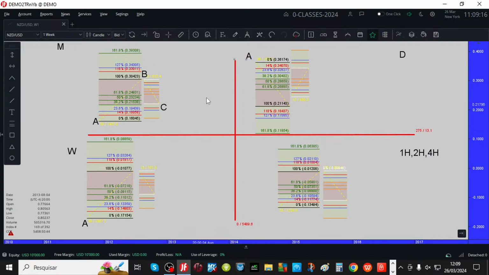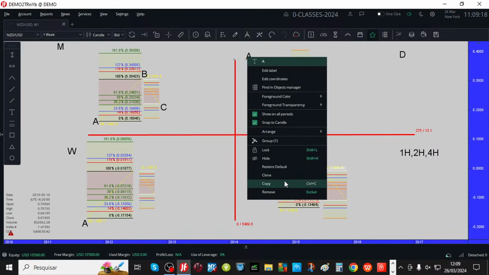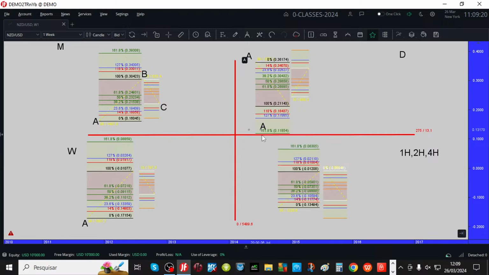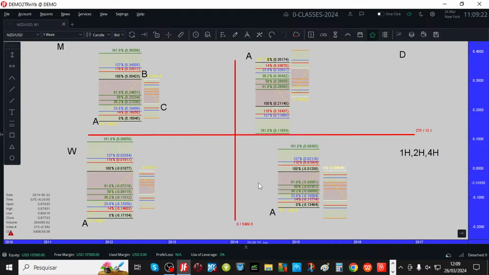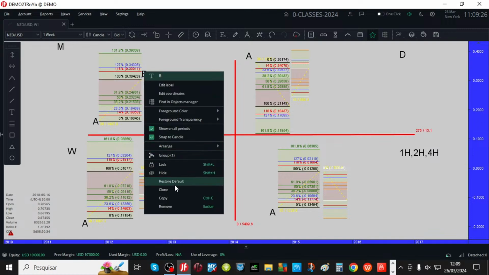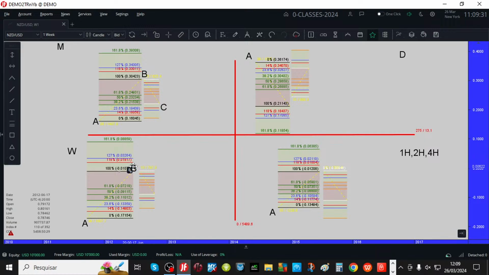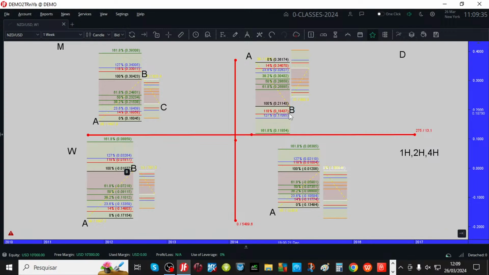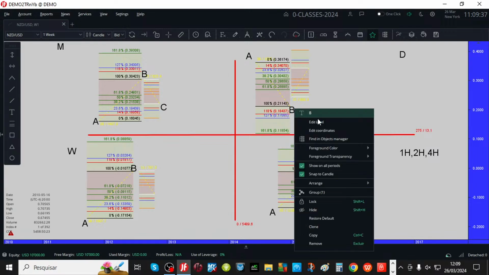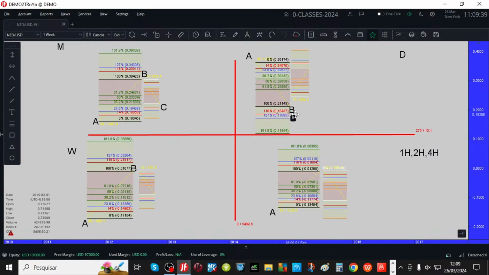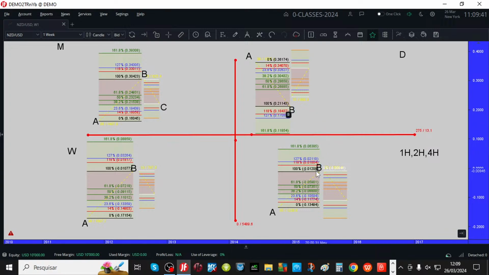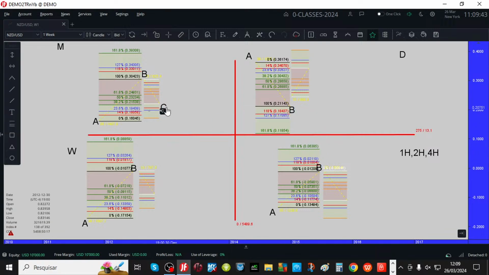That's the A. And one last time, clone. We have enough Fibonacci on the 1 hour, 2 hour, 4 hour chart. B, let's clone the B. Up Fibonacci on the monthly, up Fibonacci on the weekly, down Fibonacci on the daily, and up Fibonacci on the 1 hour, 2 hour, 4 hour chart.